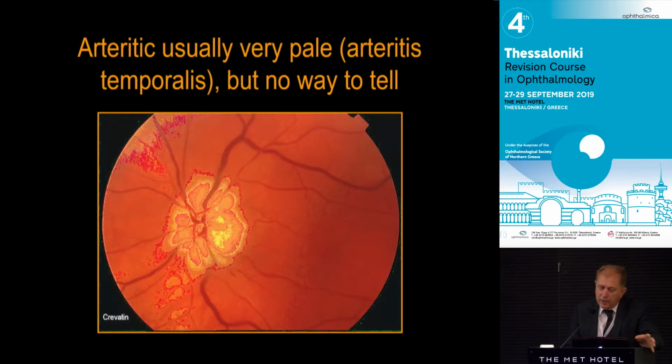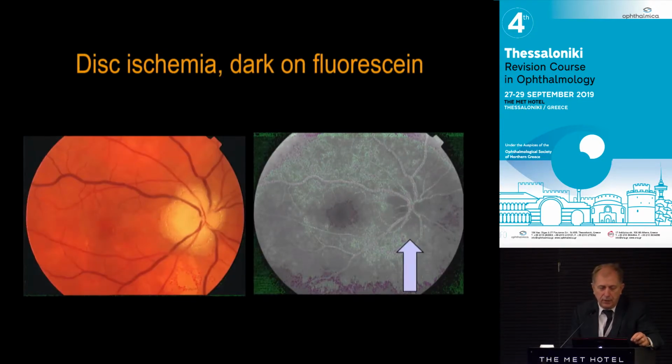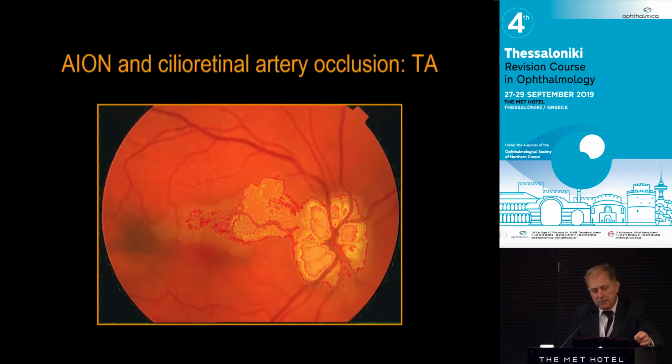Arteritic are usually quite pale or very pale, but there's really no way to tell. If you do fluorescein, you will see this dark disc, so it's disc ischemia. Sometimes you will see delayed filling of the choroid, and sometimes you will see this cilioretinal artery occlusion.